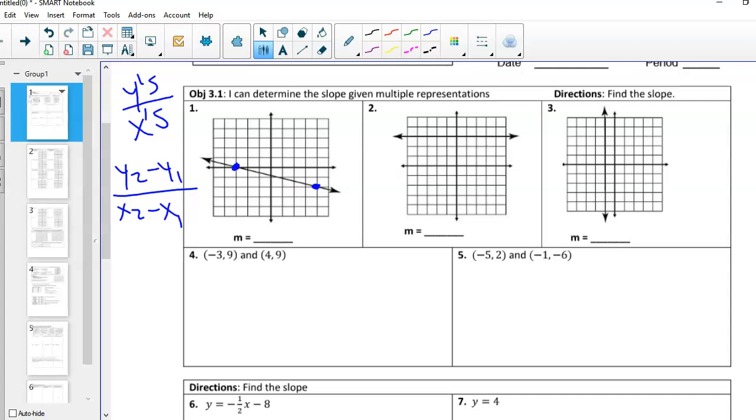What would your slope of this be? -2 over 7. So you're going down 2, so that's negative. But then you're going right, and that's positive. So it's not -2 over -7, but just -2/7.